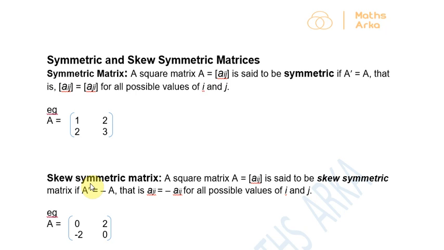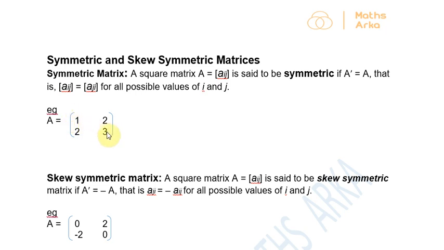So let's start with the remaining part of matrices. We have the matrices which are known as symmetric and skew symmetric matrices. Let's first look into what is a symmetric matrix. A symmetric matrix is a square matrix, and for symmetricity the transpose of A has to be equal to A. In simple terms, just see this diagonal.